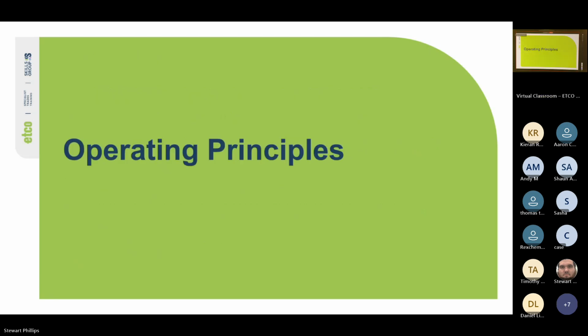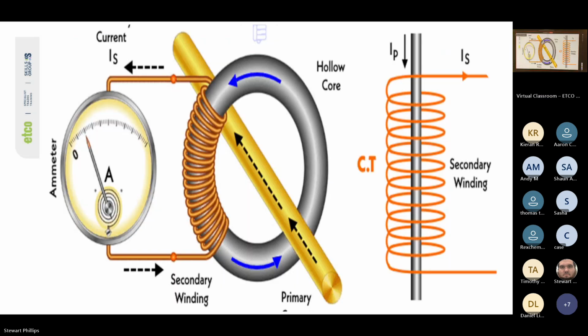Cool. So, some operating principles. If the secondary current is 5 amps and the CT ratio is 200 to 5, what is the primary current?